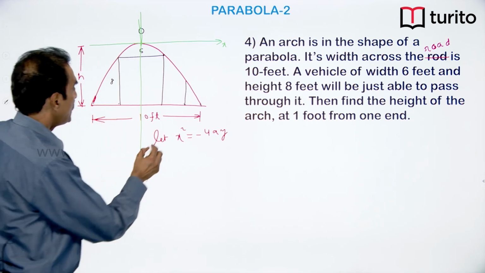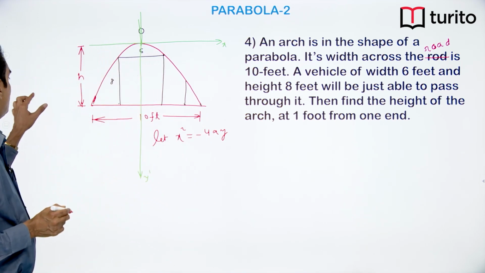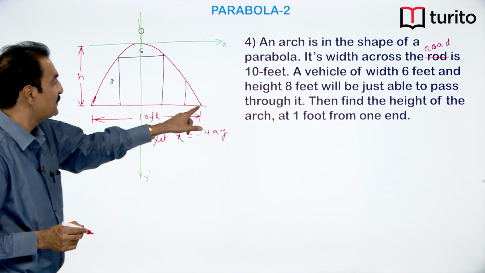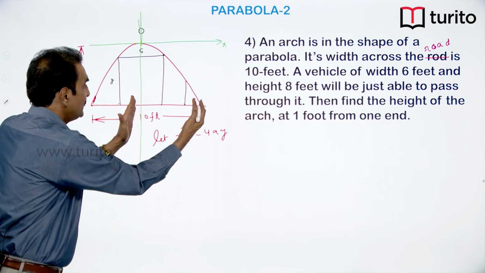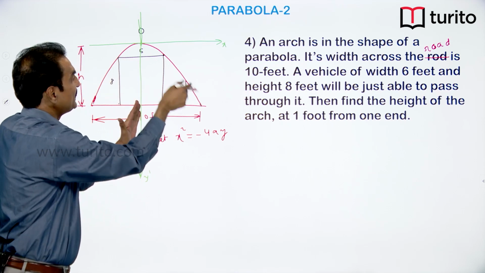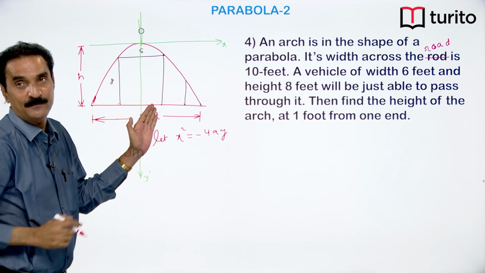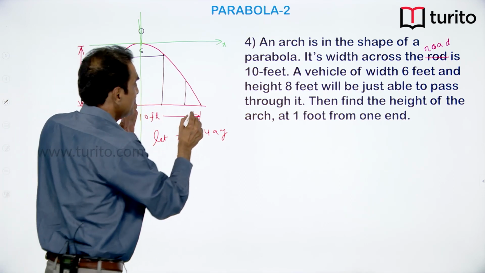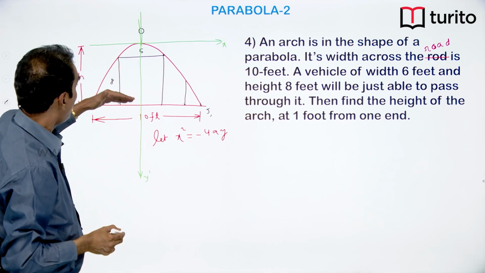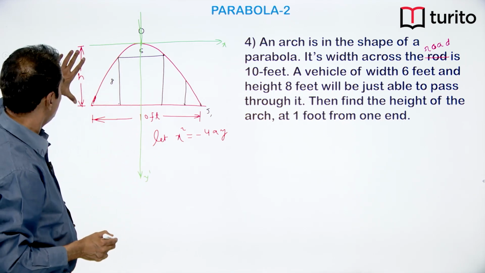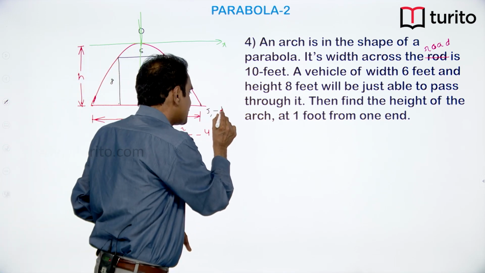Then what will be the coordinates of this point? x coordinate will be 5, total width is 10 and this parabola is symmetric about its axis. So, this will be 5, this will be 5. Okay. So, x coordinate is 5 and y coordinate is what? h, but it is downwards. So, -h.